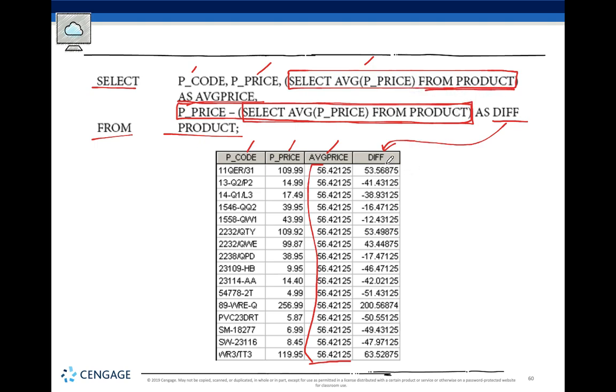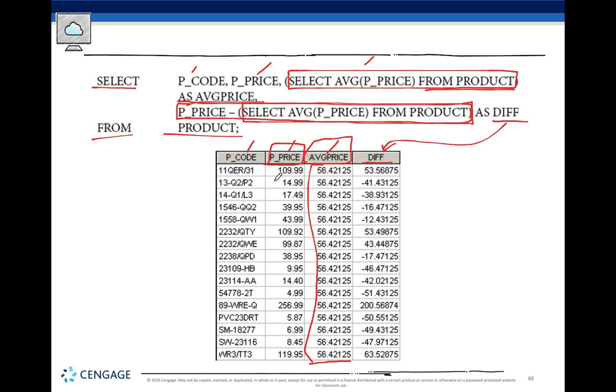But further, we are calculating the difference between this product price and the average price that we got. We call it diff, and we're displaying it here in the fourth column. The way diff is calculated is product price minus the average price.